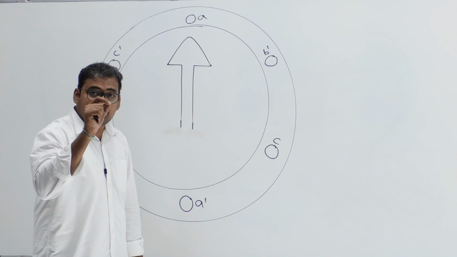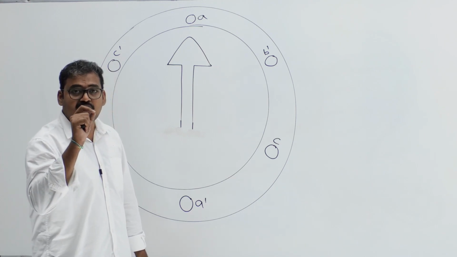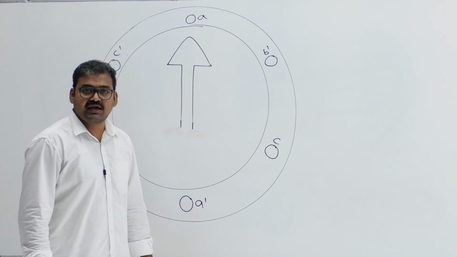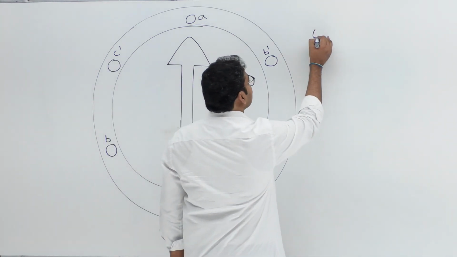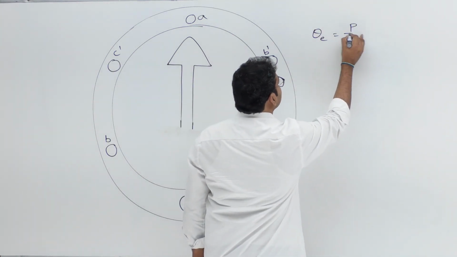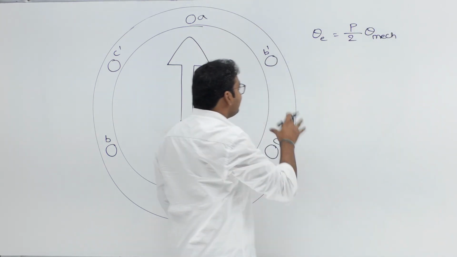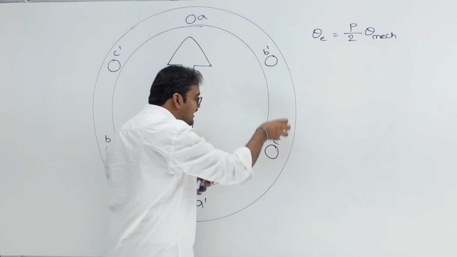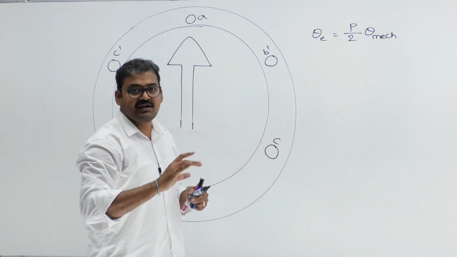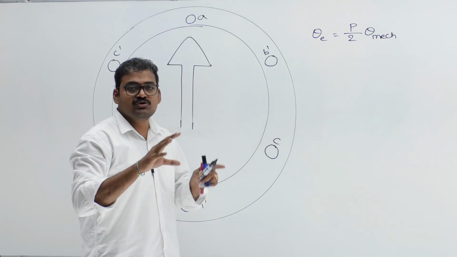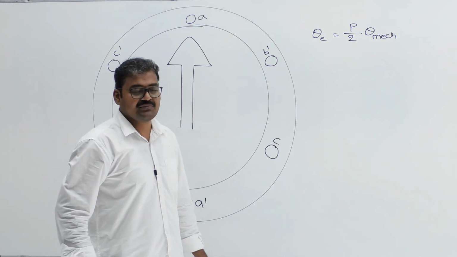But for mathematical expressions, we always have to use electrical angle. What is the relation between mechanical angle and electrical angle? Electrical angle is equal to P by 2 times the mechanical angle. Whatever physical angle you are seeing is always the mechanical angle, and you have to convert it into electrical angle to use in mathematical equations.